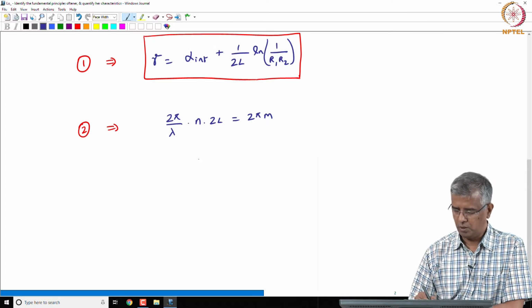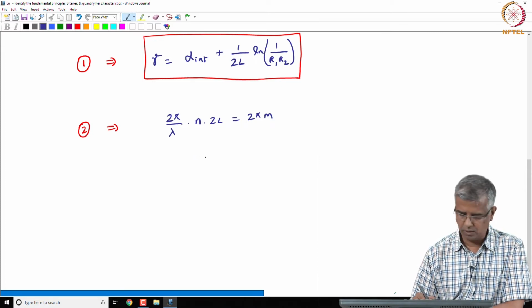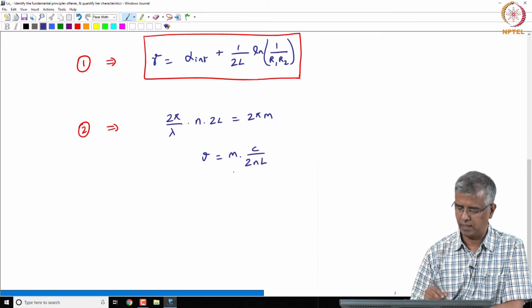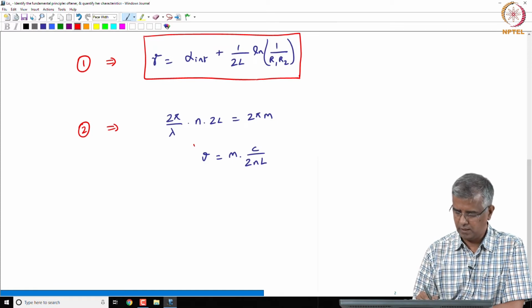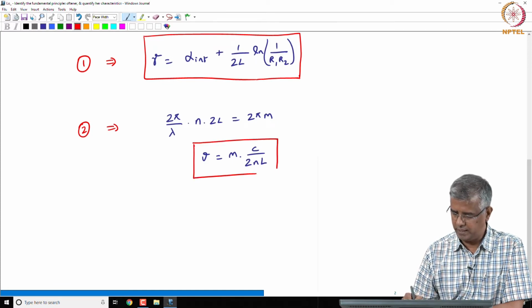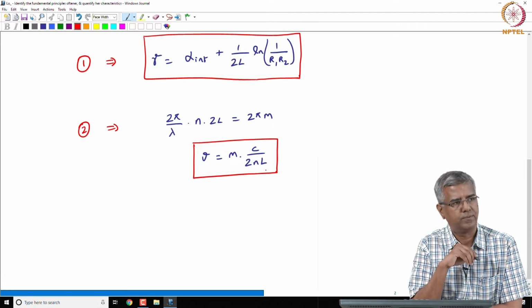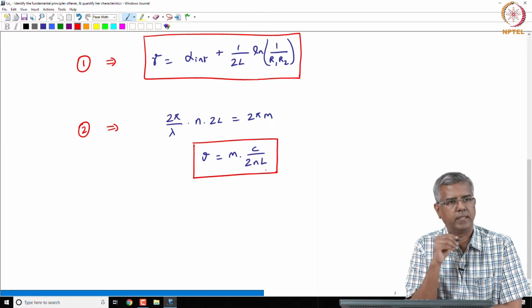So, based on this you get the result that nu has to be equal to m into c over 2 times nL, right. So, there are only certain frequencies that can be sustained within that cavity.